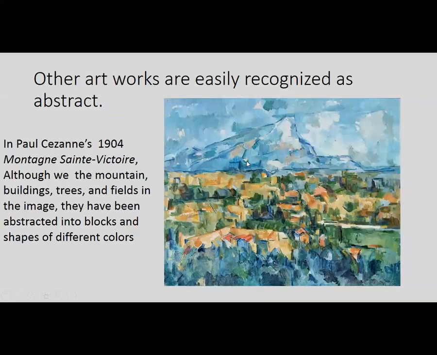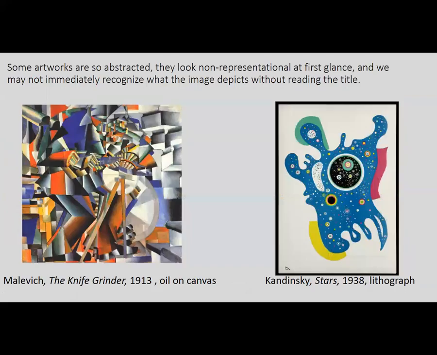But if we look in the far background, there's a mountain in the sky. We look in the middle ground, if we really look at it, we can see buildings and trees and fields, and then up close, what's supposed to be trees, he's abstracted into blocks and shapes of different colors.